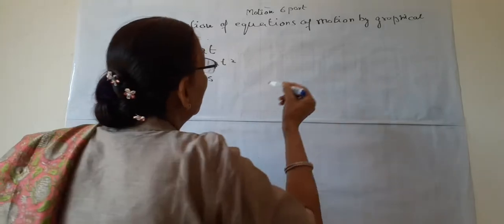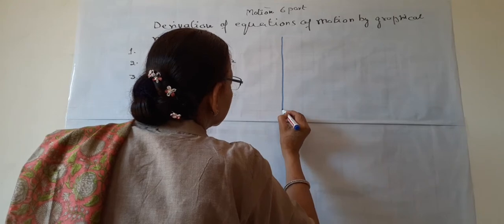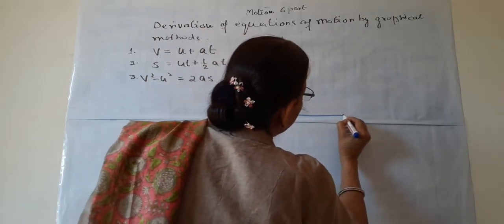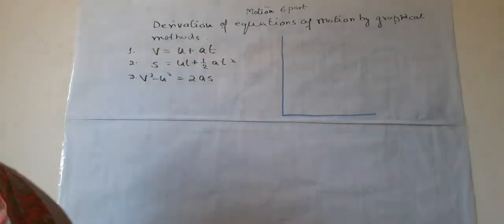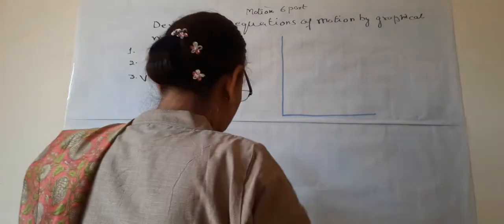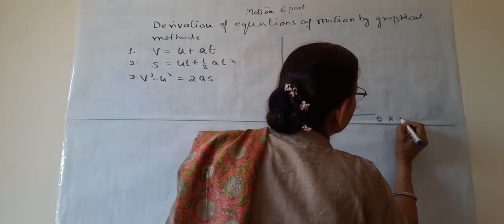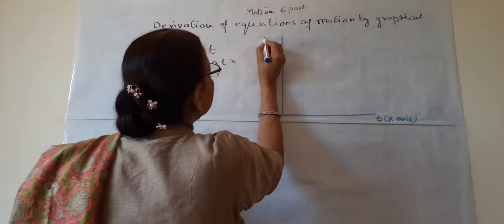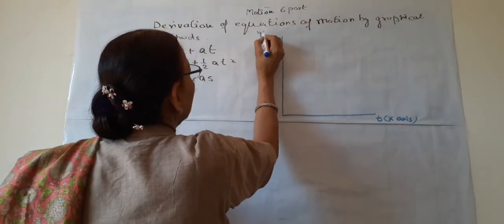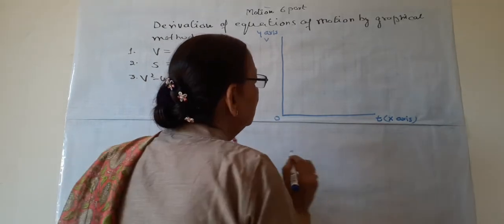A VT graph is drawn like this. You have drawn it before also. On this axis time is there, this is the x-axis, and on this axis velocity is there, and this is the y-axis, and this is the origin O or 0.